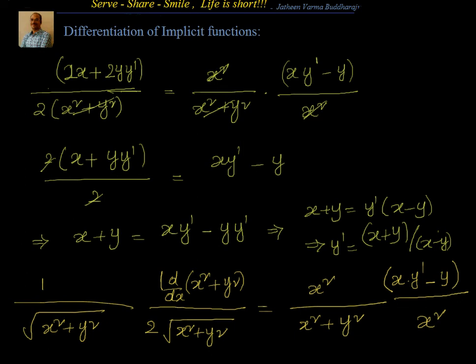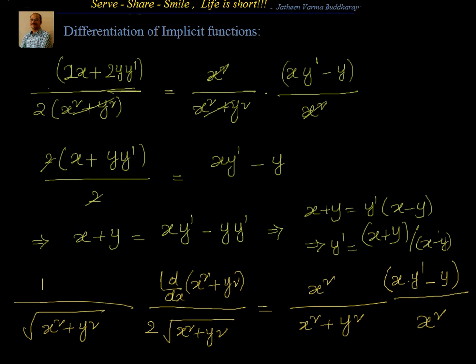So let me try to summarize how to do the differentiation of implicit functions. First of all, what are implicit functions? Functions in which you cannot say y as a function of x explicitly. You cannot say like y equal to x square plus 2x or x square plus sin x or e power x plus x cos x.